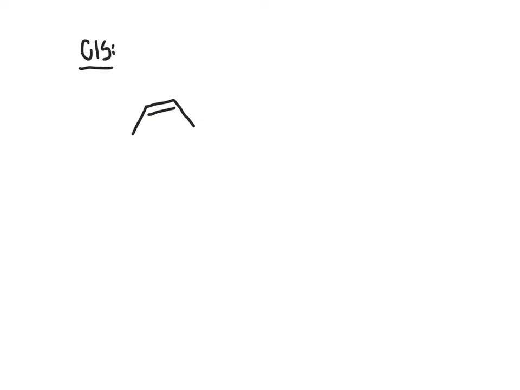Following the parent chain of 4 carbons, 1, 2, 3, 4, we see that relative to the carbon on the left, the parent chain goes down. Relative to the carbon of the alkene group on the right, the parent chain also goes down. And so we describe that as being cis. Cis meaning same. The two bonds coming off of the alkene group are going in the same direction, off on the same face of the molecule.